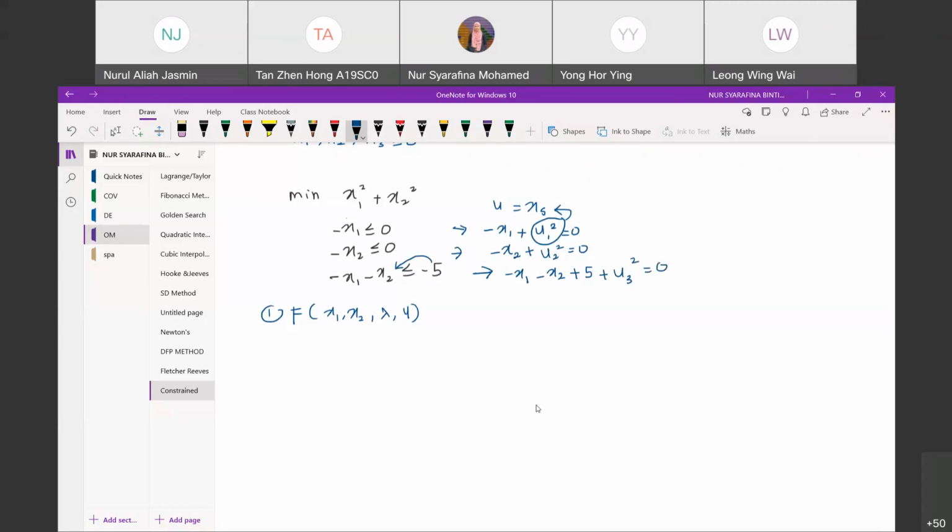Now in terms of Lagrange, we can write this as function f: x1 squared plus x2 squared. Then we have lambda 1 (u1 squared minus x1) plus lambda 2 (u2 squared minus x2) plus lambda 3 (u3 squared minus x1 minus x2 plus 5). Okay, clear now? Anyone has question?